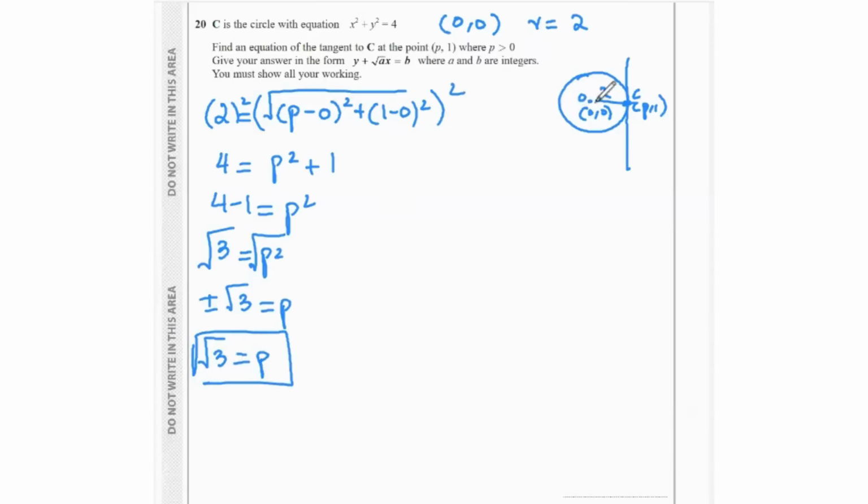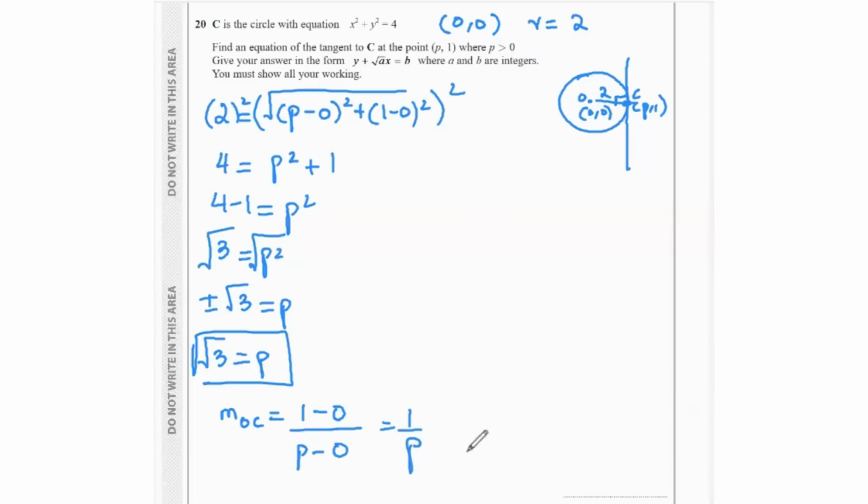Now, whatever the gradient is of OC, the gradient of the tangent is going to be different from that, because both the radius and the tangent, as you know, are always perpendicular to each other. So if you find the gradient of OC, m of OC would be 1 minus 0 over p minus 0, which is going to be 1 over p.